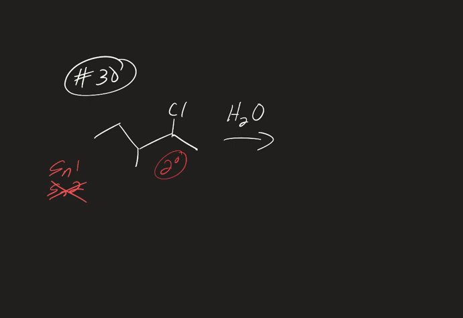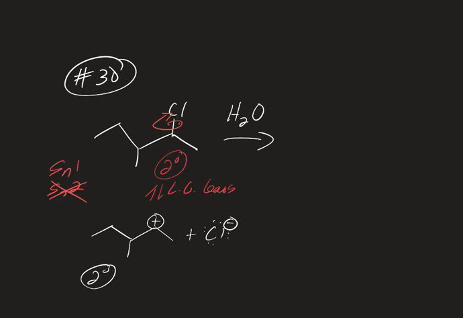Good. Perfect. So what's going to happen here? The leaving group's already there. We don't need to do any protonation. So the first step in this case is that the leaving group leaves. Now, one thing we should know about carbocations is that this is a secondary carbocation.